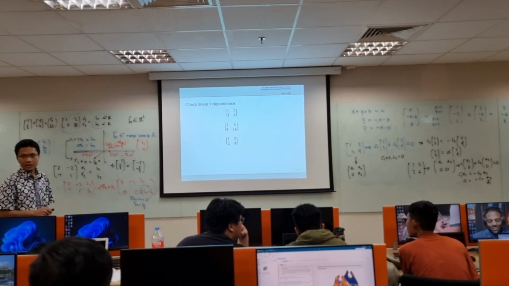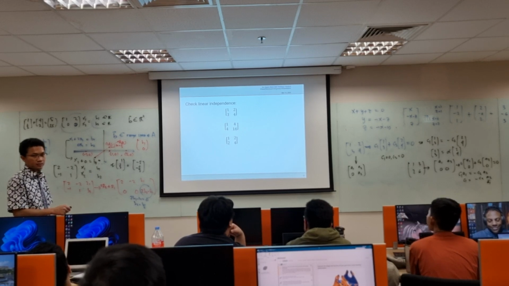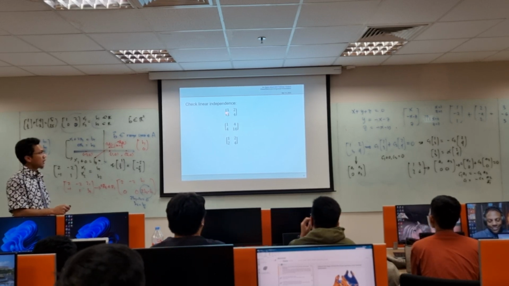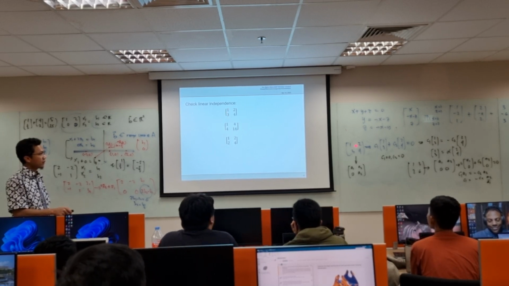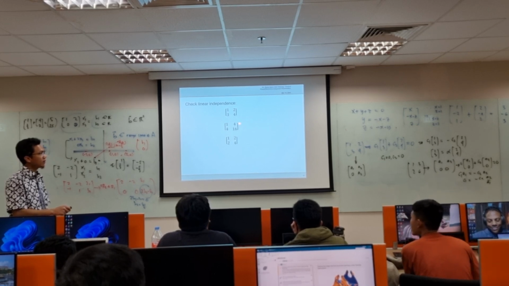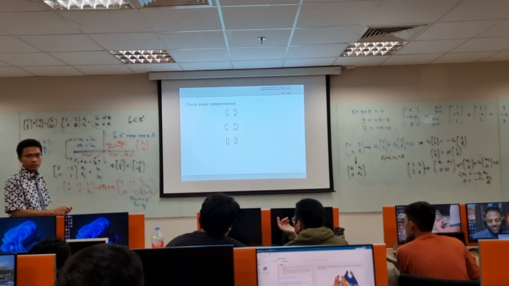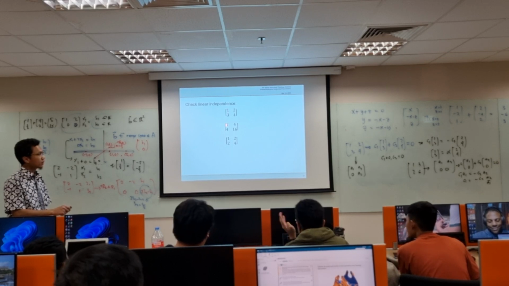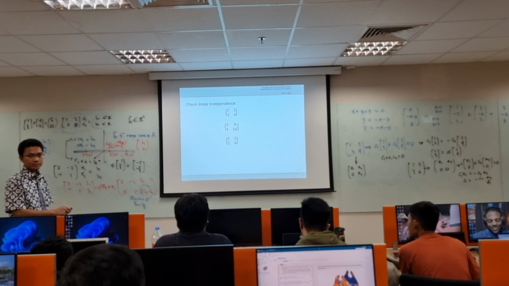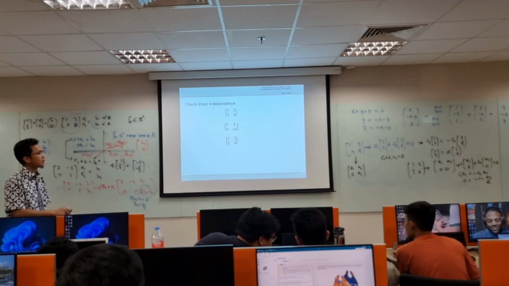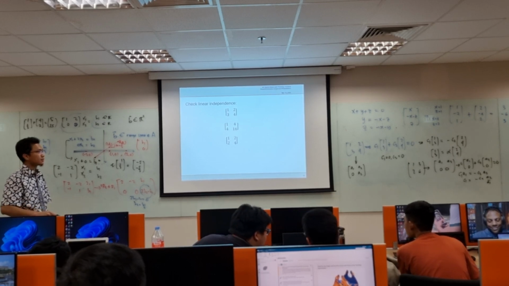Now you check the linear independence of this. 1, 2, 3, 4, just what we have here. This is linearly independent. What about 1, 4, 4, 16? Dependent, because the second column is 4 times the first column. What about this one?